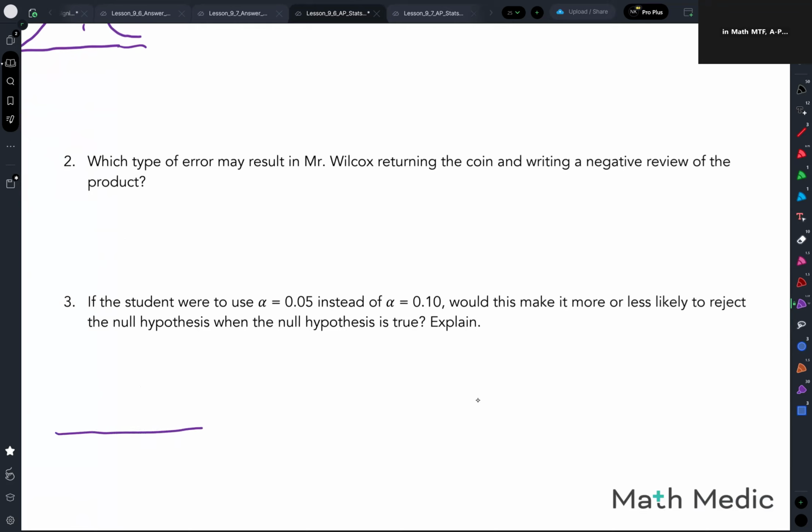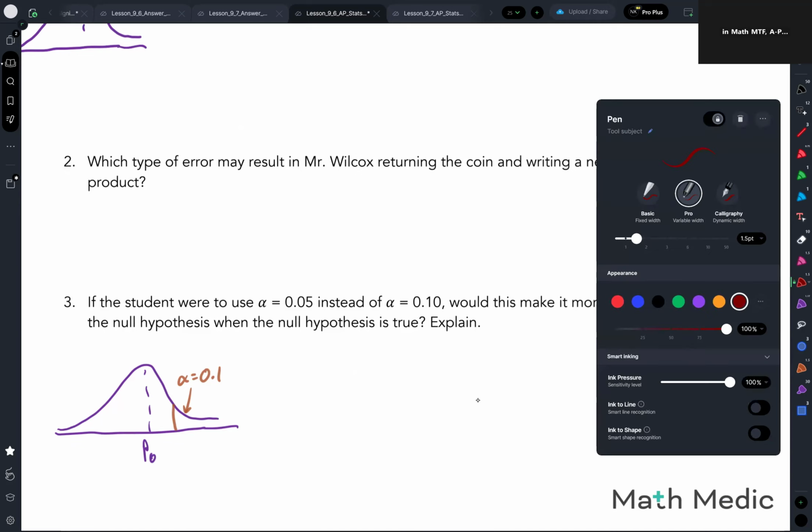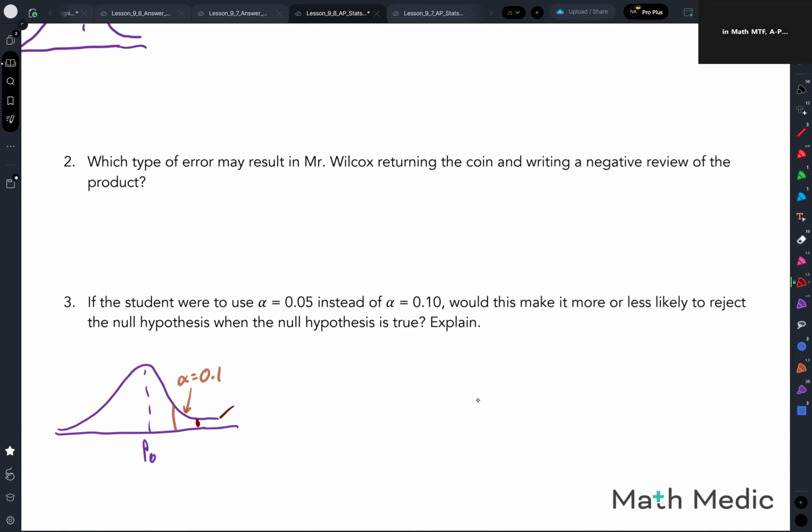So again, I'm going to go back to my normal distribution to make sense out of this. So if here's my initial hypothesis and here's an alpha, notice that region's bigger of 0.1 in comparison to, say, the smaller region where alpha is only 0.05, and that's the probability of me making a type 1 error, right?